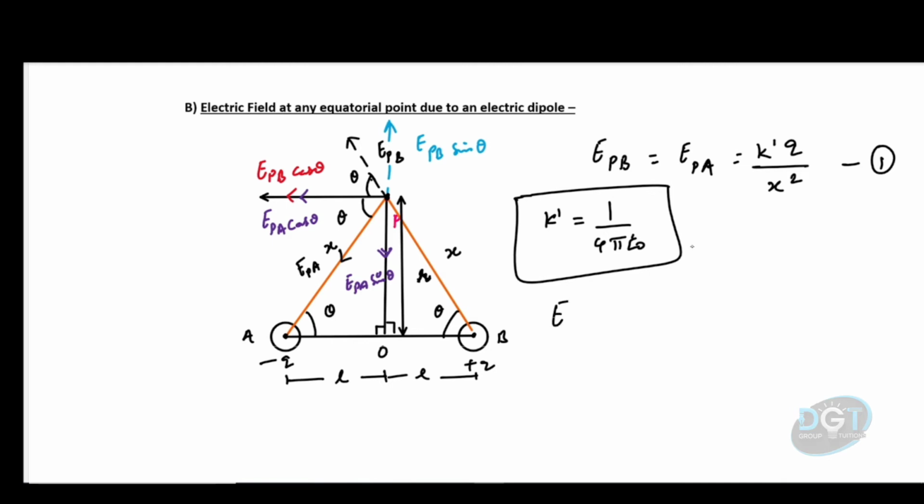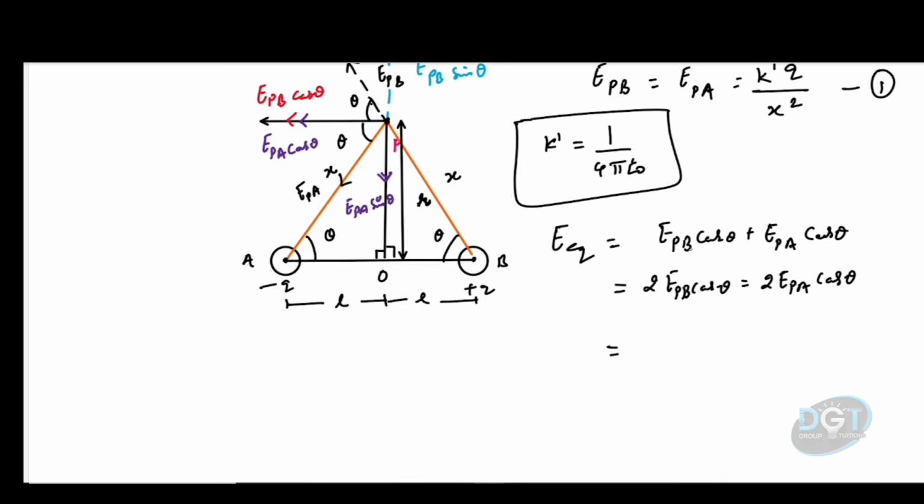Now if we need to find out electric field at any equatorial point, it would be EPB cos theta plus EPA cos theta, but since EPB is same as EPA, this can be written as 2 times EPB cos theta or 2 times EPA cos theta. Now EPB, as we already know the expression, will be 2 times K dash Q upon x square into cos theta.